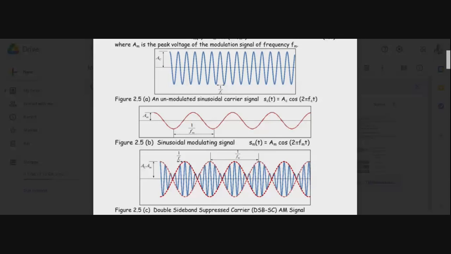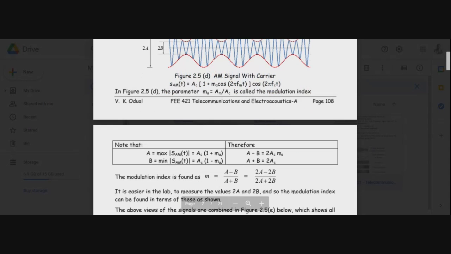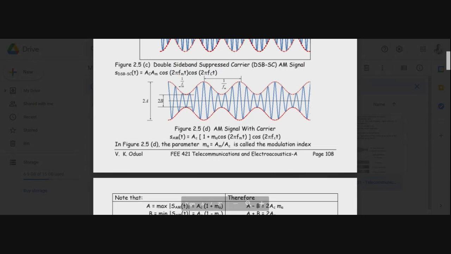If we put a carrier in here, then we get something like this, 2.5D. Because here the envelope does not cross the axis, the envelope detector will work.